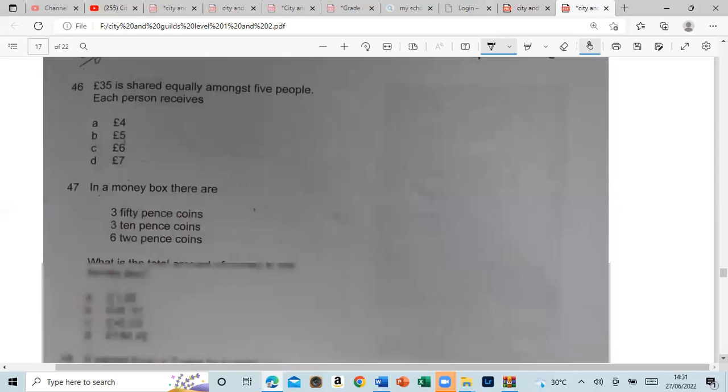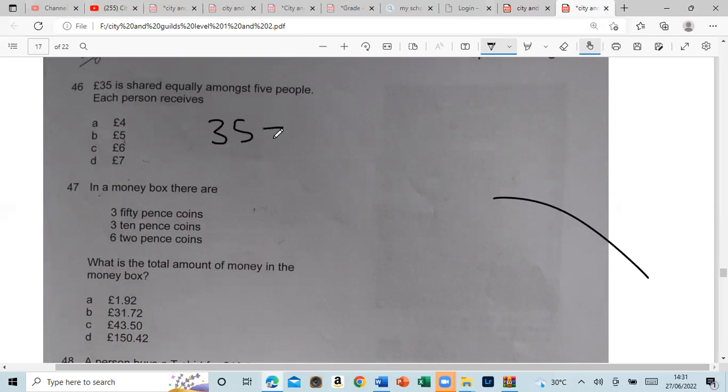All right. 35 pounds is shared equally among 5 people. Each person receives 35 divided by 5, and that's 7. So each person will receive 7 pounds. In a money box, there are 3 50-pence coins, 3 10-pence coins, and 6 2-pence coins.